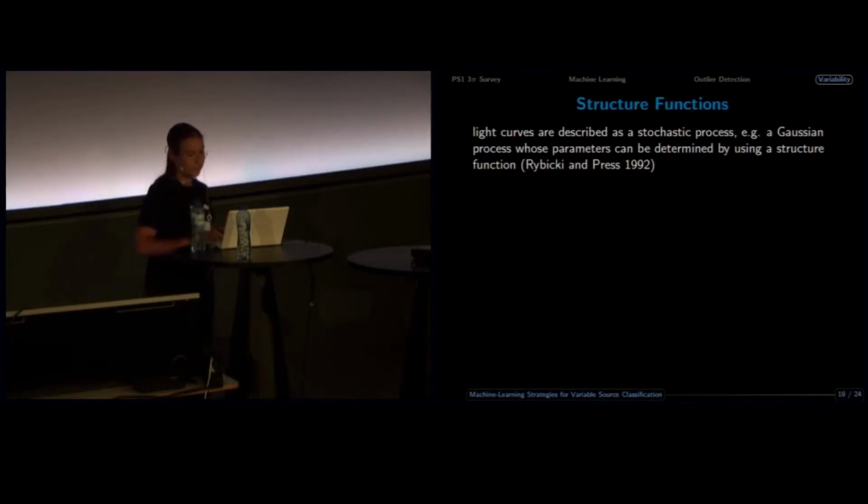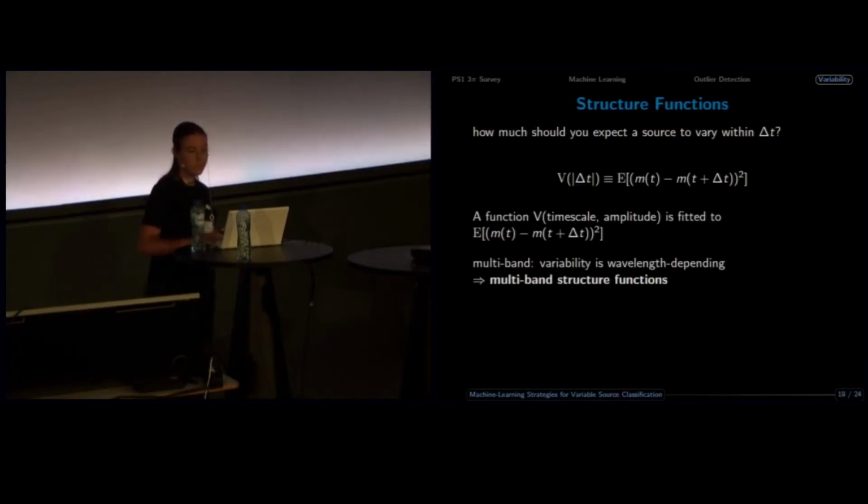What we have done then is extend these algorithms to deal with multiband data. Variability in this case depends on wavelength, and colors cannot easily be determined, so we came up with the idea of multiband structure functions.